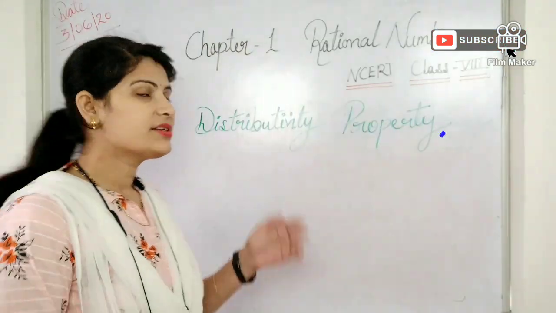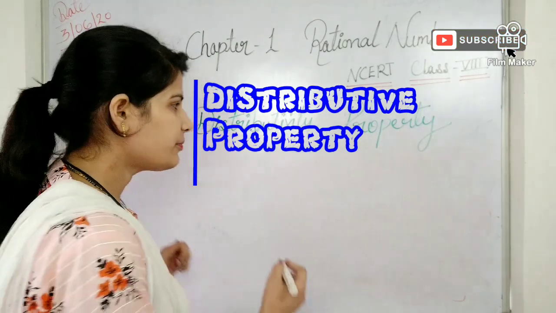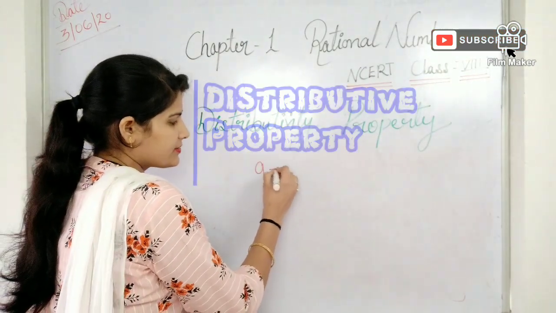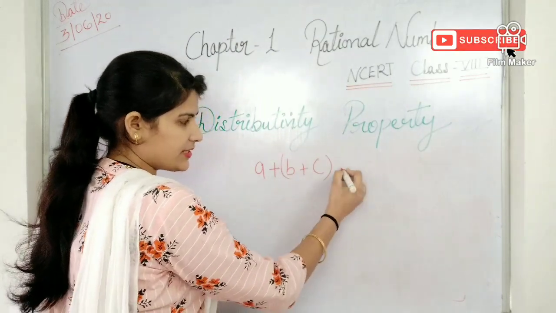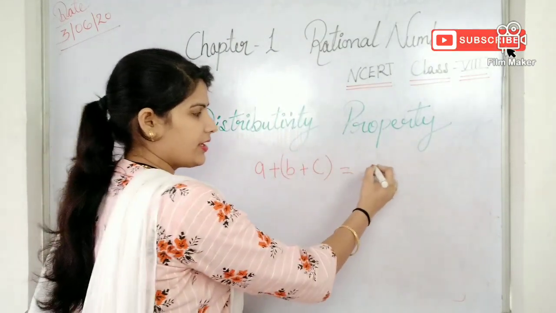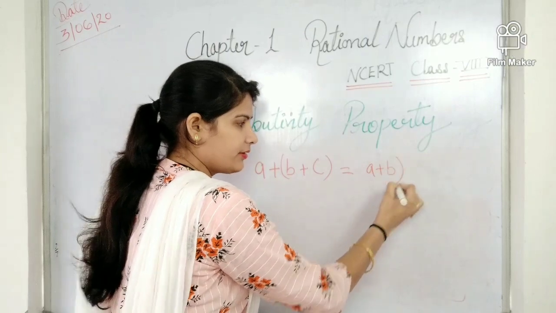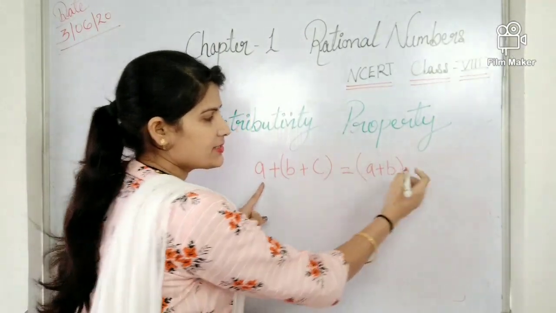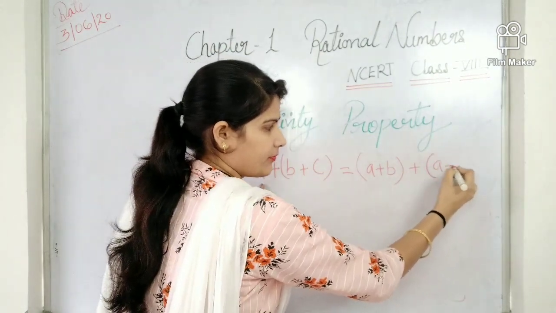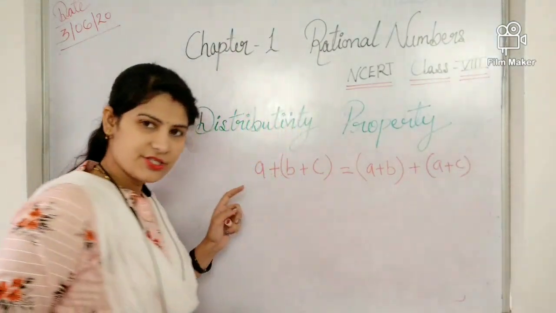Let us see the distributive property. The distributive property is like A into (B plus C) equal to A into B plus A into C. This is the distributive property.